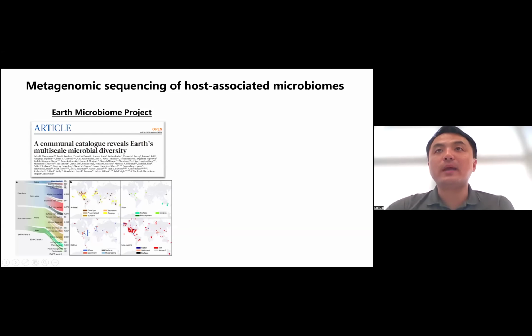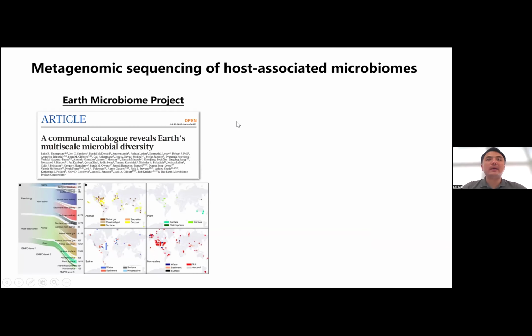A lot of you have probably heard about host-associated microbiomes, but I would like to briefly introduce the concept because I know a lot of you are from a mathematics and physics background. The microbiome is an emerging new field.